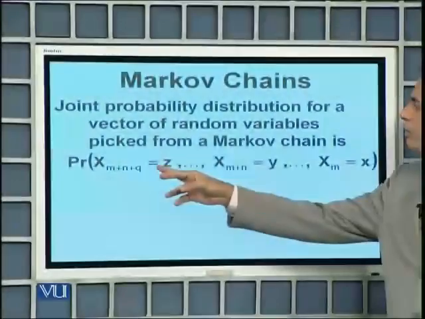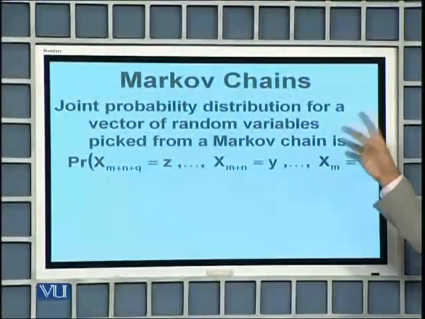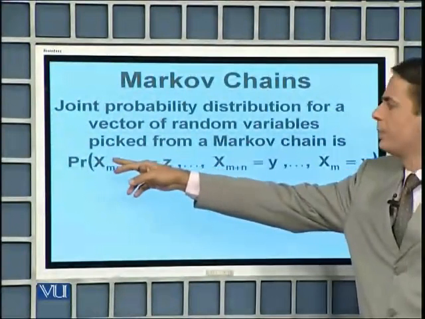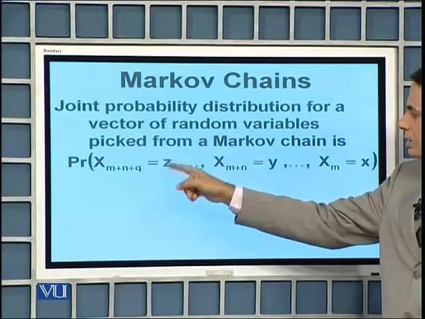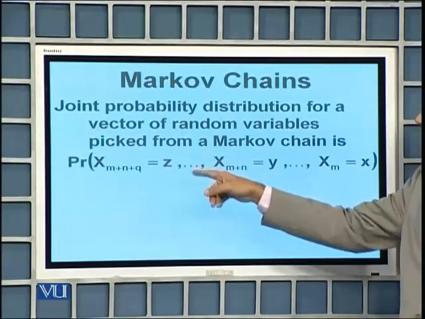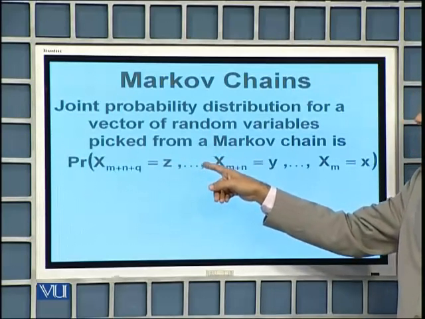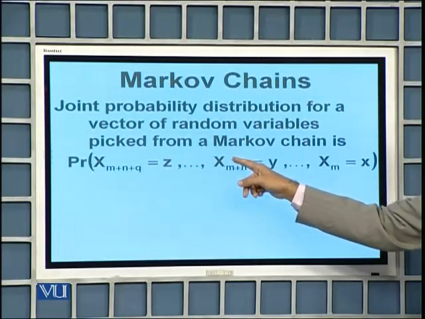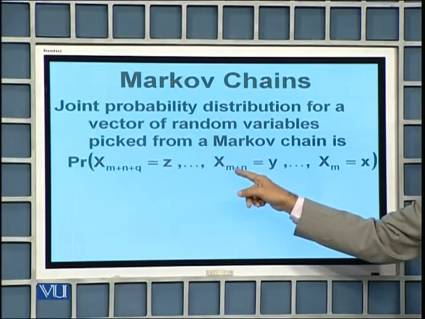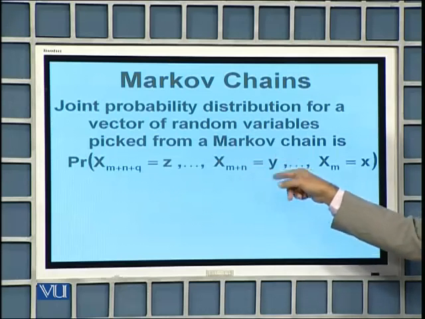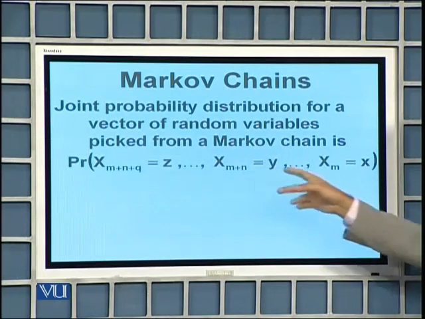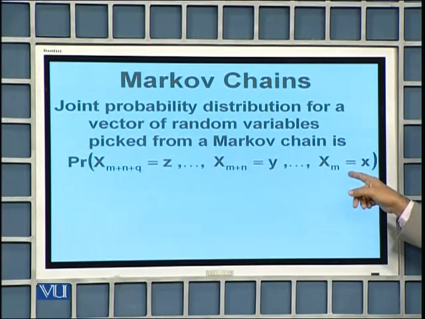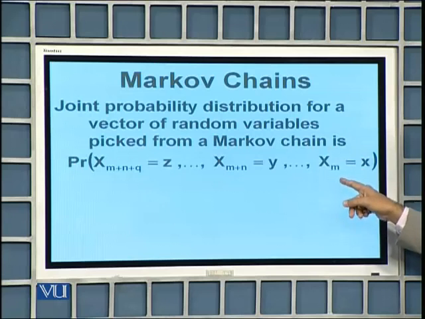So we form a vector of random variables by picking random variable x at sampling time m plus n plus q taking a certain value z, and other intermediate random variables are also included. Then we take random variable x at sampling instance m plus n taking a value of y, and some other random variables between m plus n and m, and lastly we take the random variable at sampling instance m taking a certain value x.